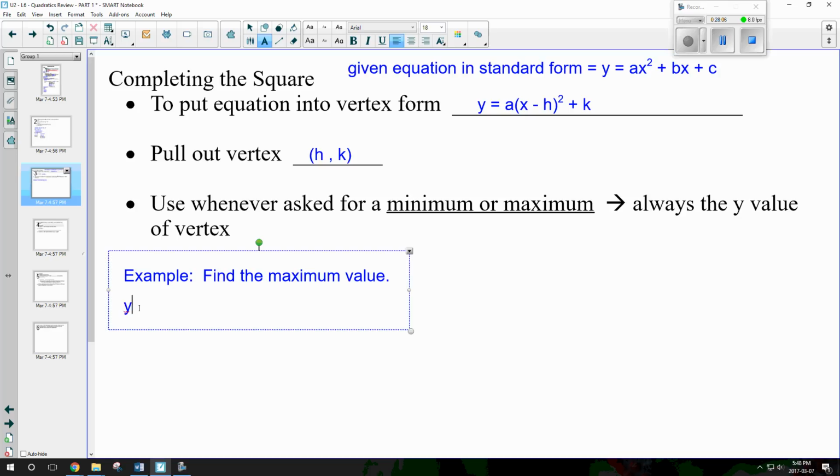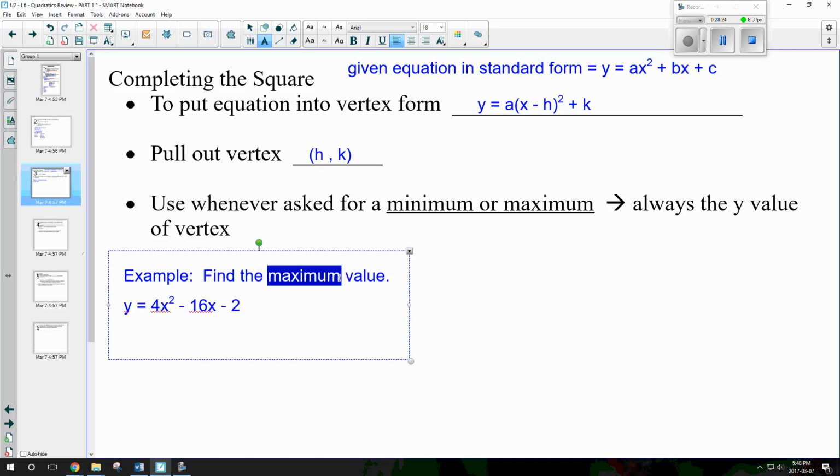Our example is y is equal to 4x squared minus 16x minus 2. And again, we're asked to find the maximum value, so we know we have to complete the square. Once we've completed the square, we can find the vertex, and once we've found the vertex, we can pull out the y value, which is our maximum value.